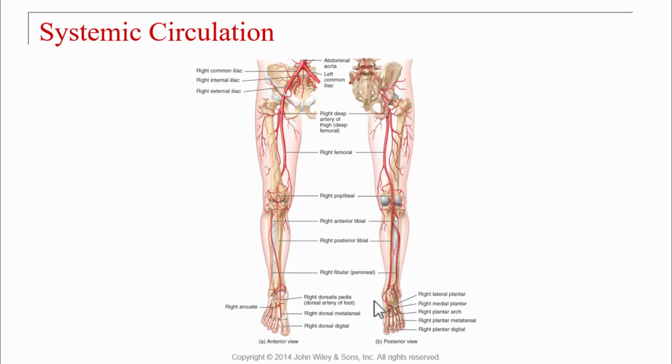And then coming off of the posterior tibial at the foot will be the plantar arteries, because the bottom of the foot is the plantar portion of the foot. So you have the plantar arteries and arches, and then the digitals.